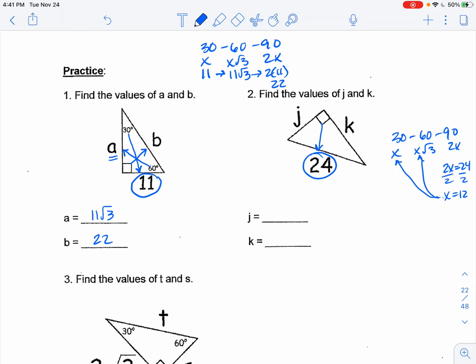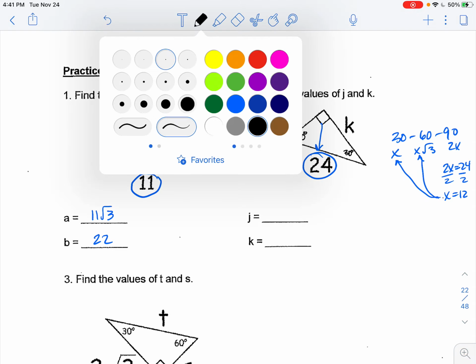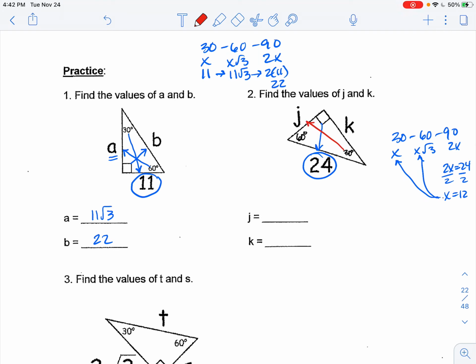This x, we're going to plug in here and here. So that means across from the 60, and I'm missing some numbers on my paper, so let me fill this in. This is my 60, this is my 30. So across from the 30 is equal to just 12. Across from the 60 would be 12 root 3.